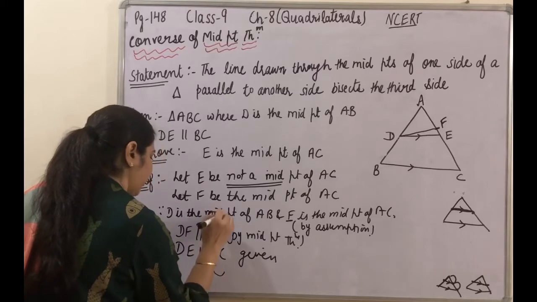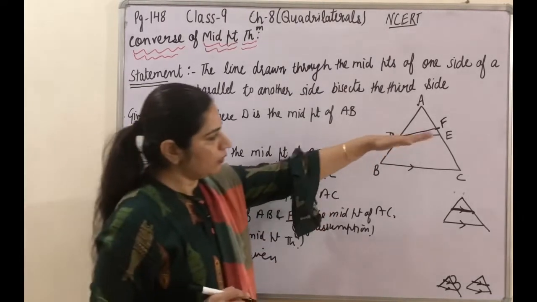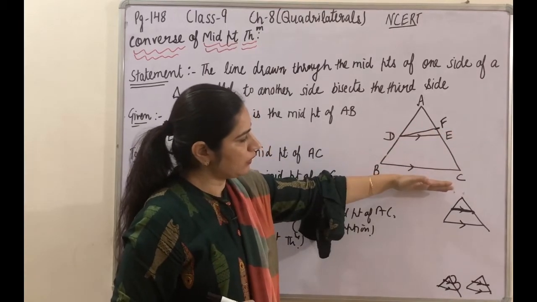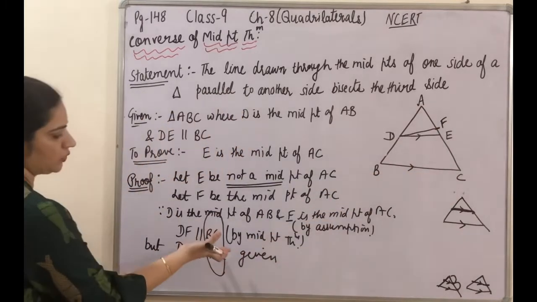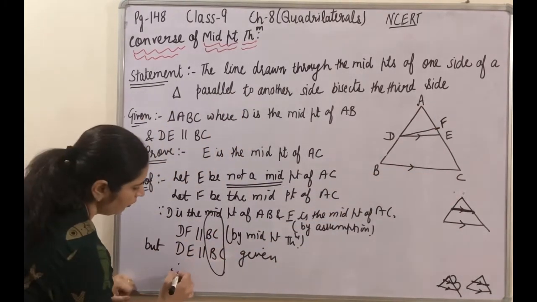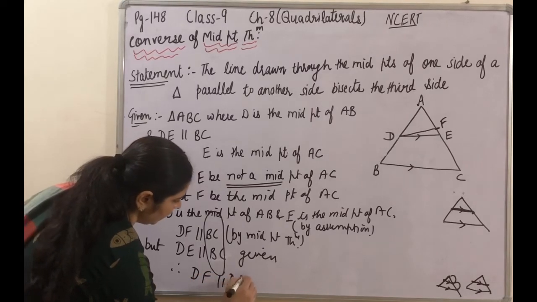Now just see, if I do the comparison, BC is the same. Here DE is parallel to BC and DF is parallel to BC. Therefore the result would be DF is parallel to DE.